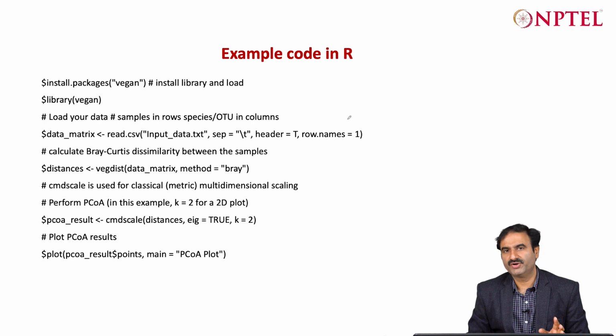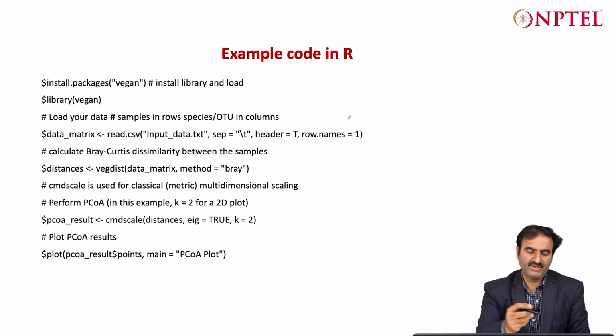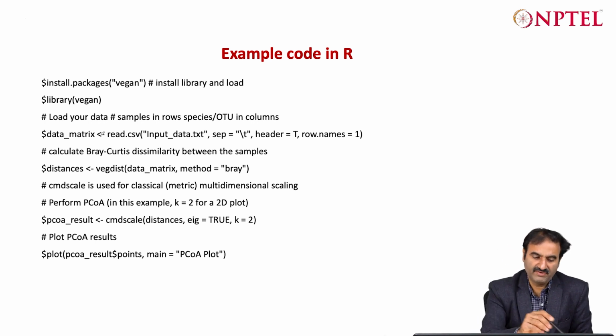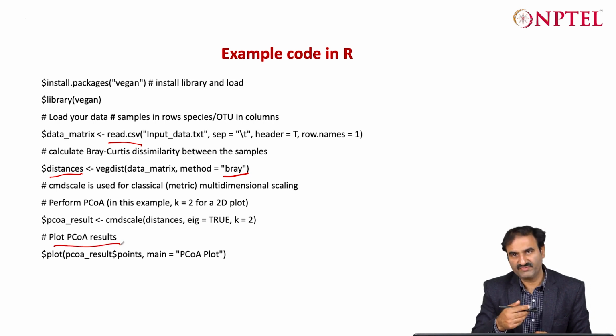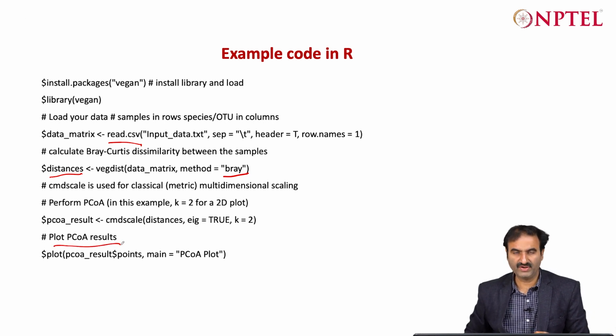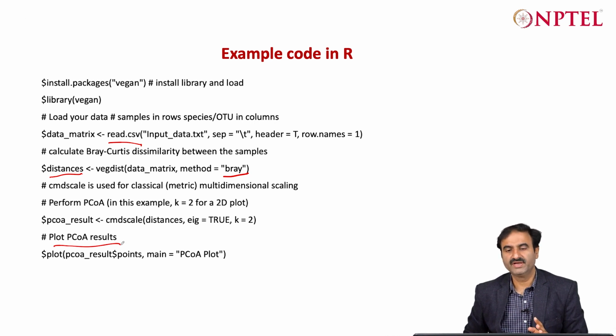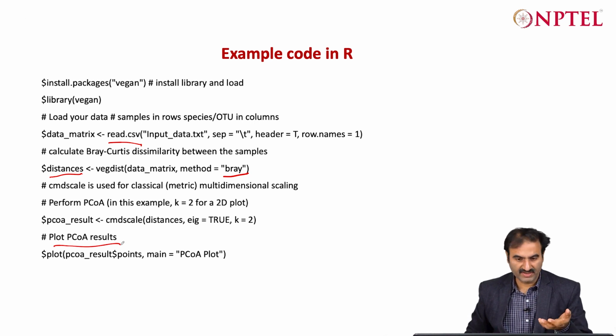It could be RStudio or the R command line, where you have the data, you read the data from the table, and then using the appropriate statistical analysis method, take the data and plot it, which we have seen in the previous slide. So I will not go into details of this because we already did it in the earlier classes, but basically R is the statistical tool package where you can do the plotting as well as the statistical analysis.